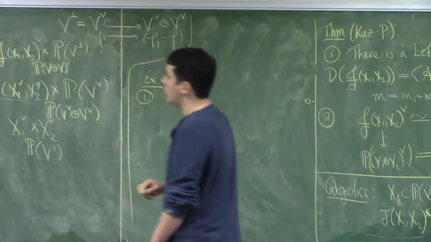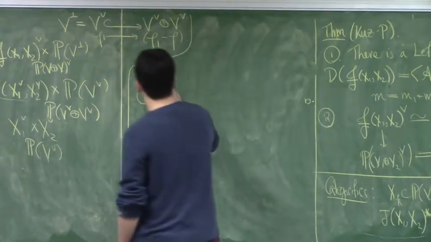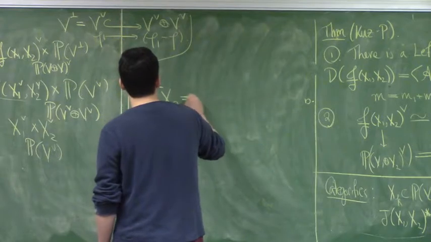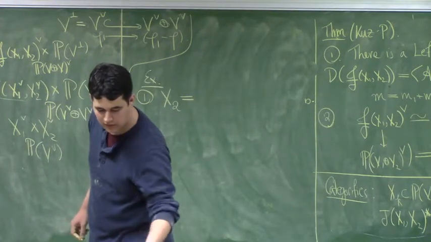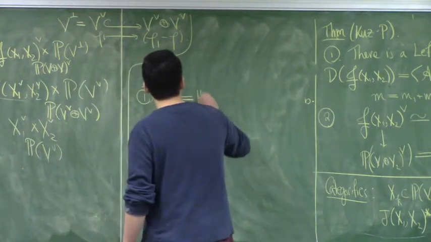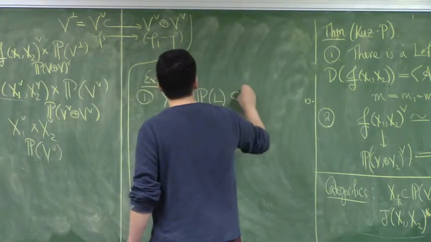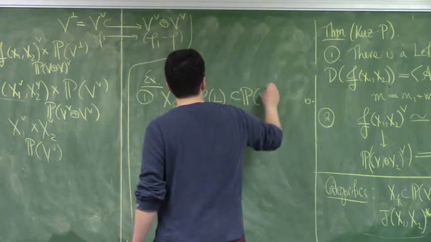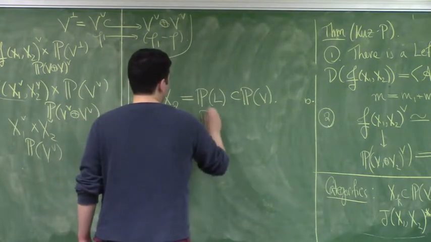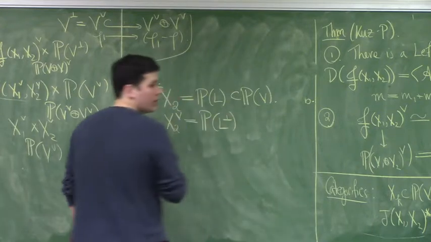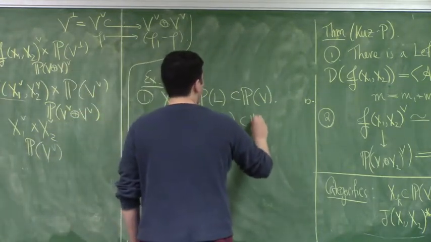So for one example, let's consider the case where this variety x2 is just a linear subspace. So let's say x2 is P of L inside of P of V. If you remember from before, the HPD of this is just the orthogonal linear space.